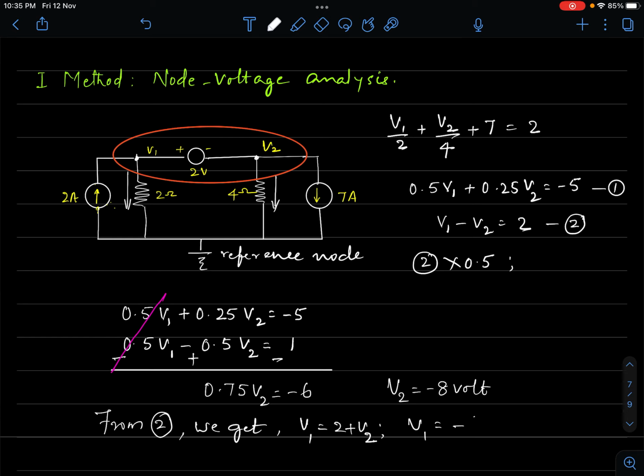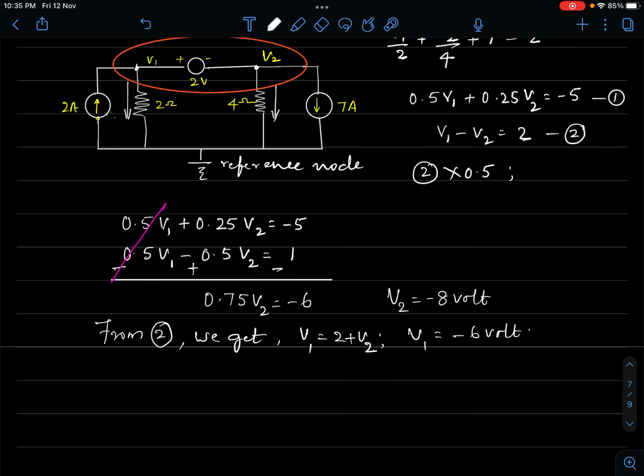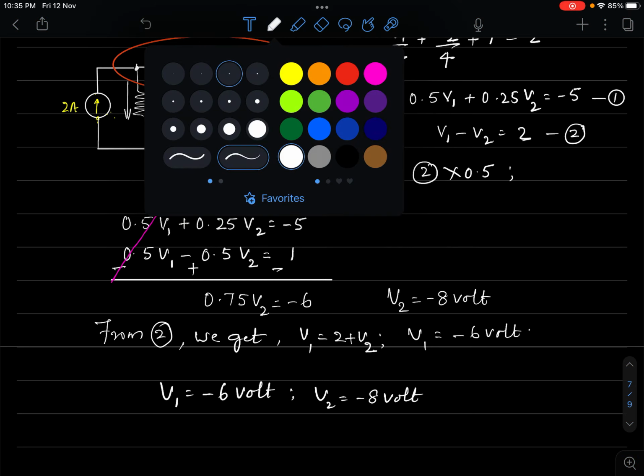That is V1 equal to 2 minus 8, right? That is minus 6 volt. Okay, these are the potentials at V1 and V2. So our problem is completed. Like V1 equal to minus 6 volt and V2 equal to minus 8 volt.